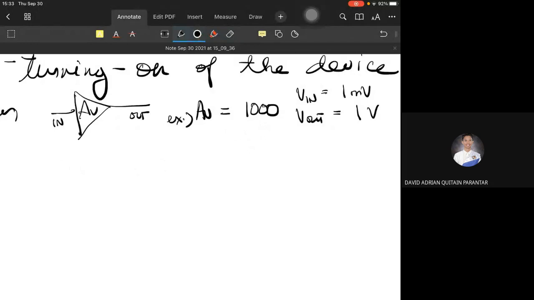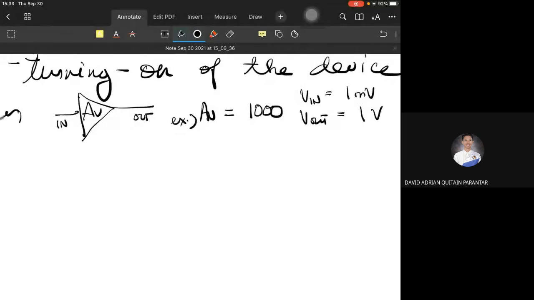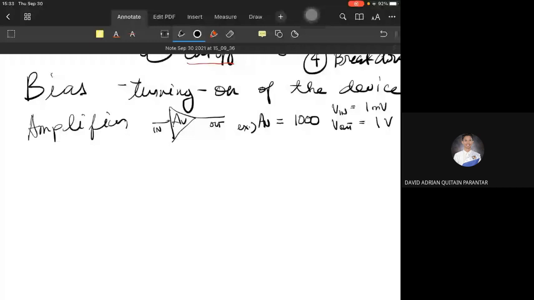Why is it impossible for amplifiers to output 1,000 or 1 million volts? And why does the amplifier amplify voltage, current, or power in the first place? Why can't it amplify very large amounts of voltage?